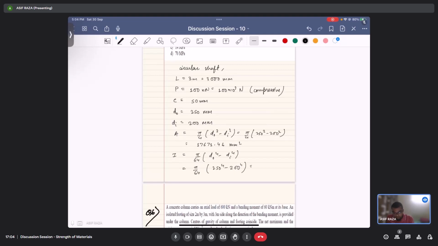This is equal to 113,207,782.15 mm to the power 4.